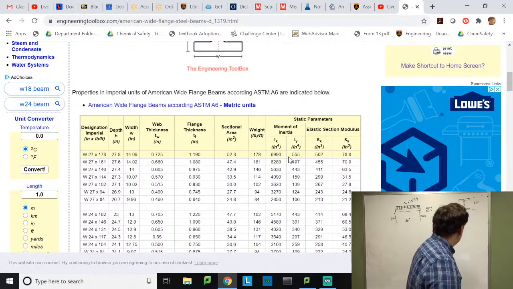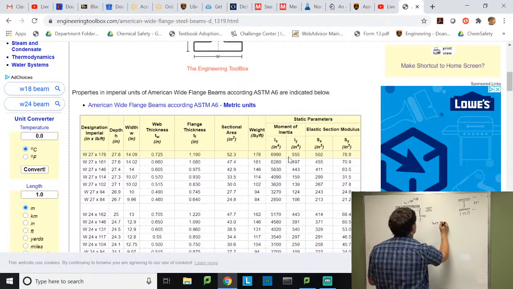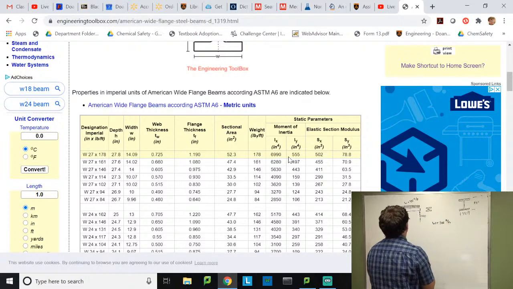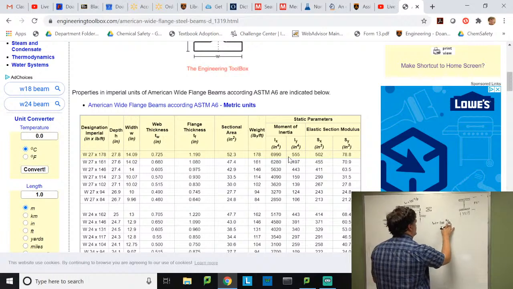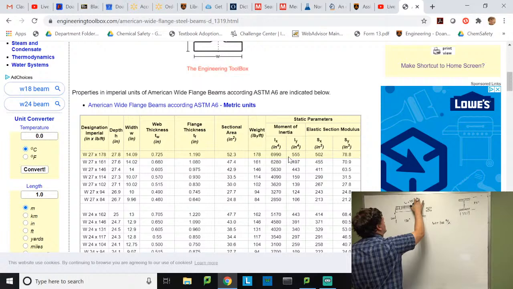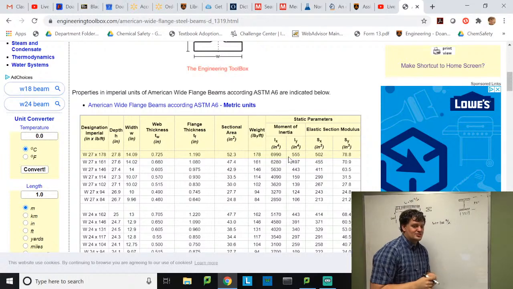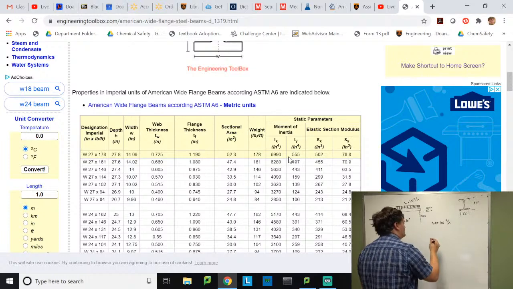Now I've got W. If I look at my book, I've got W is equal to 100 pounds per foot, or, well, okay, that's pounds per inch. My apologies. So about 12 times higher than what I was expecting, but whatever.